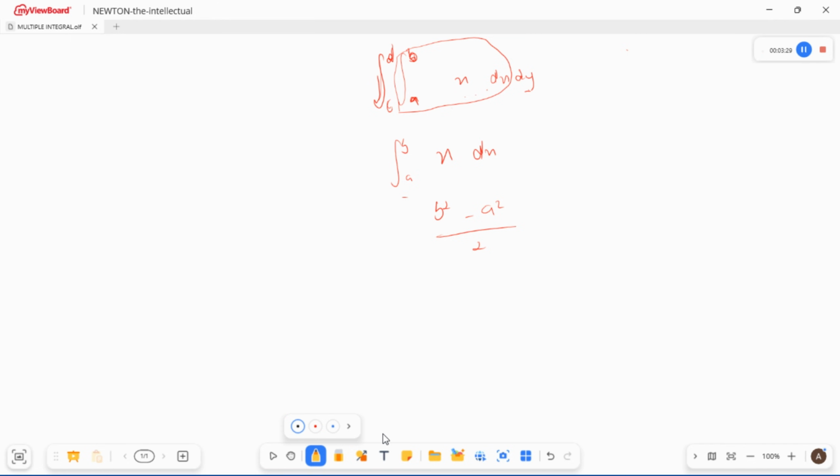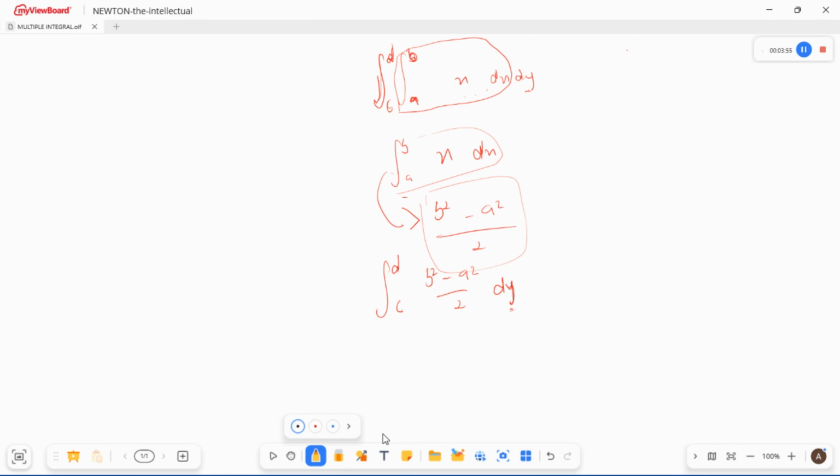So this value is equal to this. So what we're going to do now is plug this value here in place of this value here. So we're going to be having the integral of c to d, then we're going to be having b squared minus a squared over 2. But now we are integrating with respect to dy, right? With respect to y, because we have dy here, right?